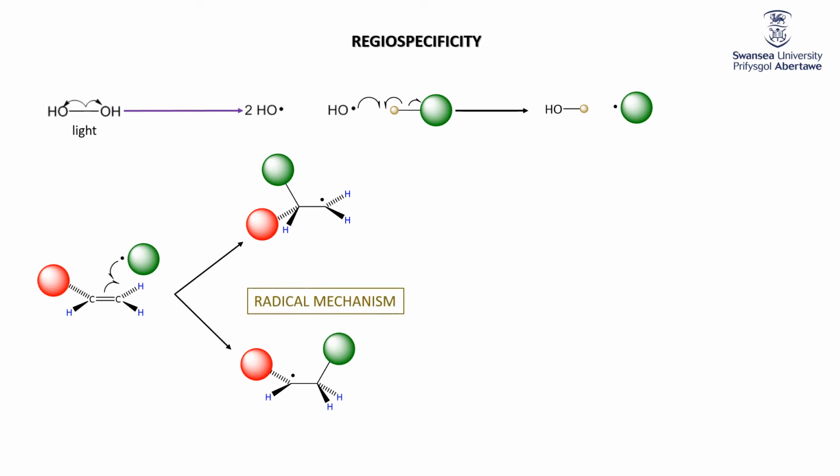Well, what do we have here? A radical mechanism now instead of the carbocation mechanism. We have a primary radical in which the bromine went on carbon 2. We have a secondary radical in which the bromine goes on carbon 1. Which radical is better? The secondary radical. So this is the one that's going to be doing the reacting.